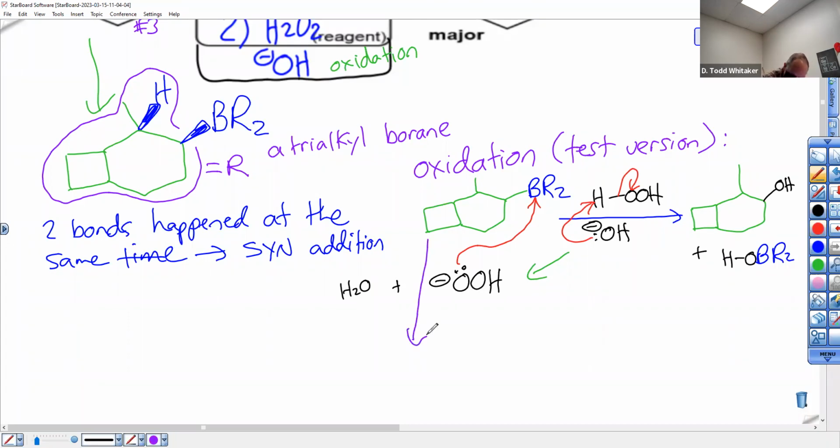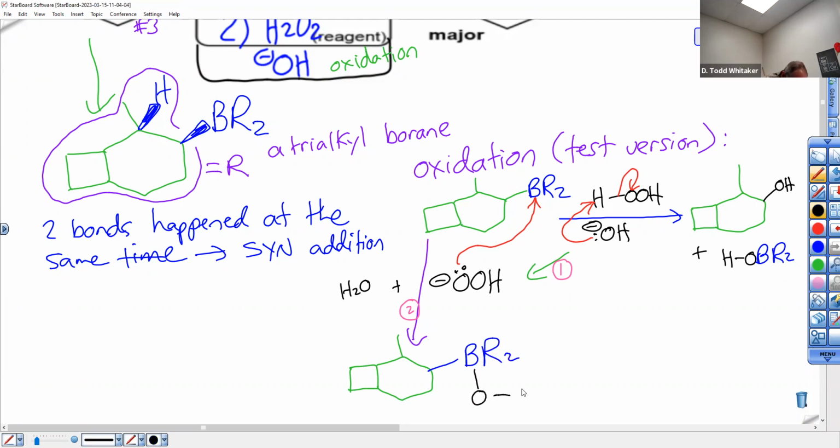I'm numbering my steps. Step 1, acid base. Step 2, attack boron. Now B has how many bonds? It's got 2 R groups, it's got a carbon group, and now it has OOH.